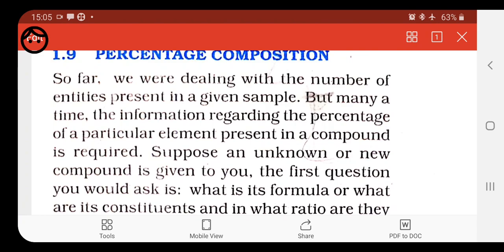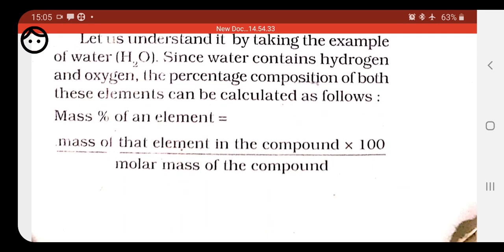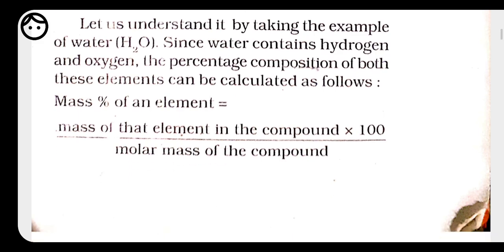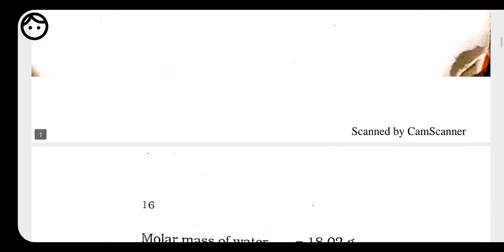And to calculate the percentage of each element in a compound, we have a formula: mass of the element in the compound multiplied by 100, because we are talking about percentage, divided by the molar mass of the compound. It can be calculated by taking an example.